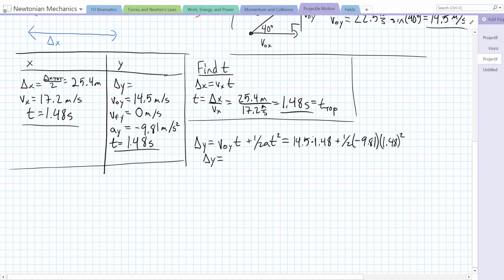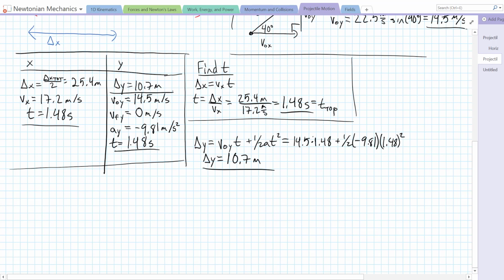Our delta y ends up being 10.7 meters. Let's underline that.